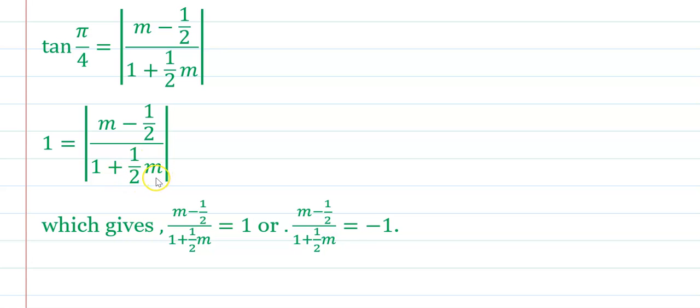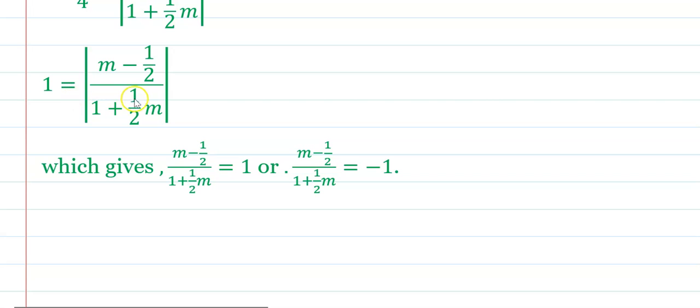Tan of pi by 4 is 1, m minus 1 upon 2 upon 1 plus 1 upon 2 m, and now simplify this. If we drop this mod sign, then we will have 1 upon 2 upon 1 plus 1 upon 2 into m. Once we will take the plus sign, and a second time we take the minus sign when we evaluate this type of modulus.